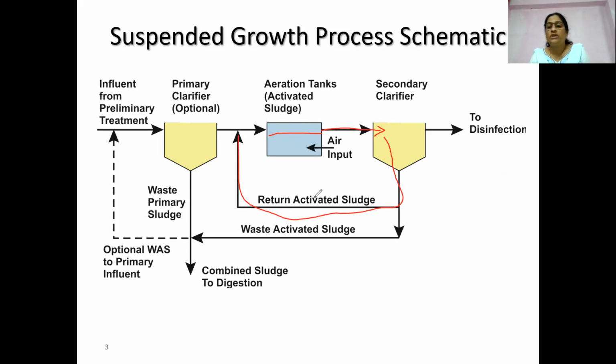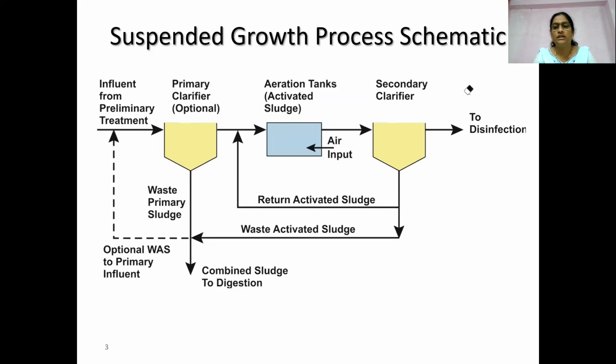So then we are allowing them to enter here, and then we are providing the oxygen to them. So they take some time to get active. So that's why in the contact stabilization process, two different aeration tanks can be prepared.